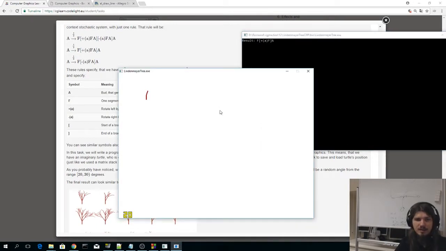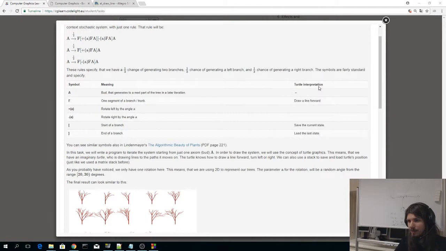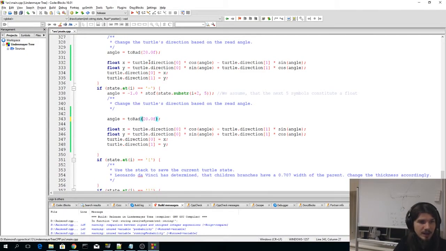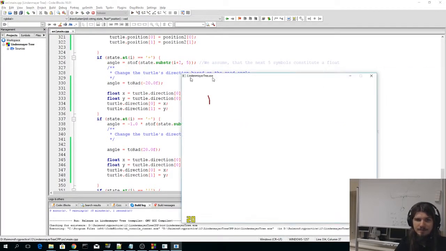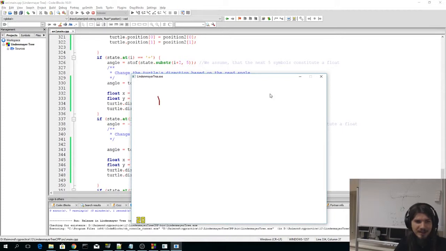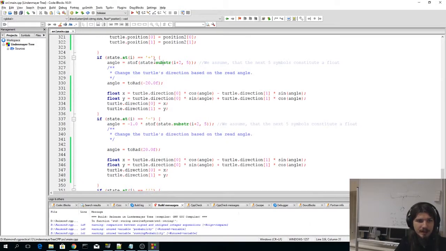So in that sense, we want to make sure that the angles are different here. Okay, now we have rotation to the left, hopefully here. Of course, in the final submission, you should fetch this angle from the string and have this angle that you read used as the angle of rotation.